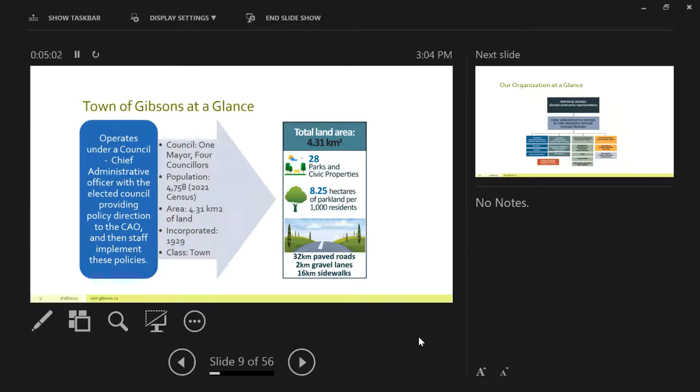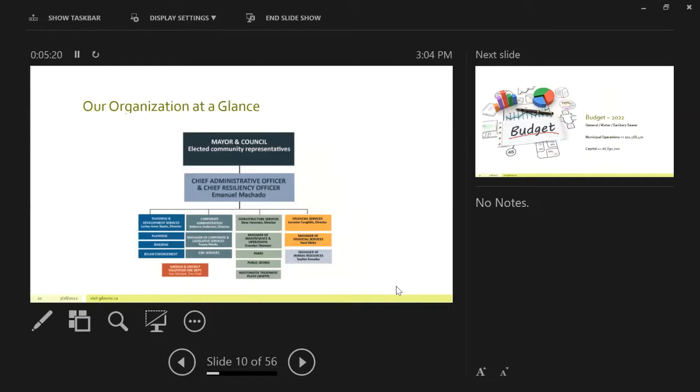We've got 28 parks and civic properties, 8.2 hectares, 0.25 hectares of parkland per 1,000 residents, 32 kilometers of paved roads, 2 kilometers of gravel lanes, and 16 kilometers of sidewalks. I took that out of our annual report.